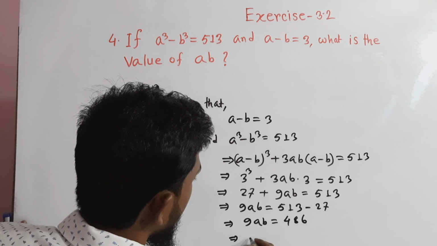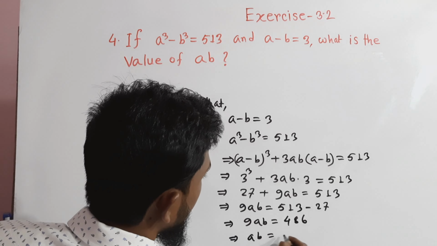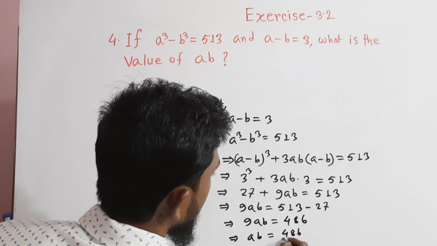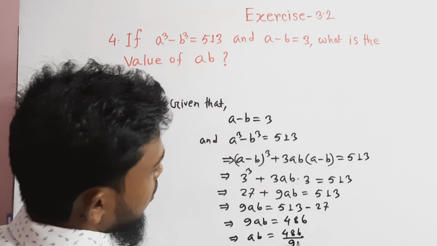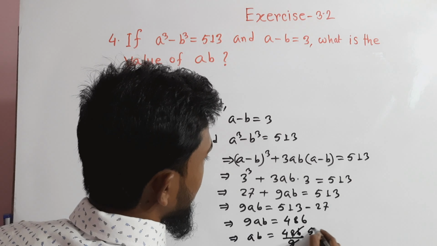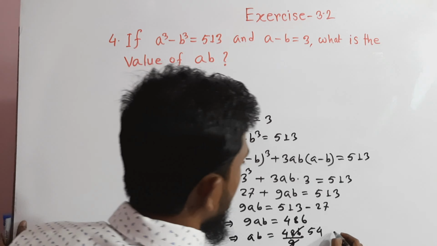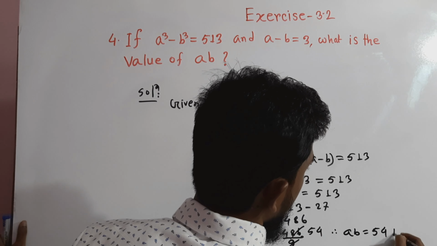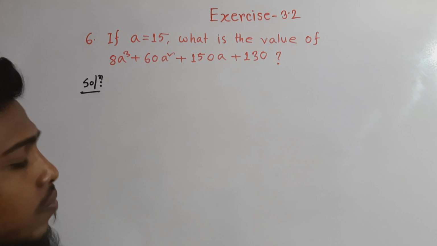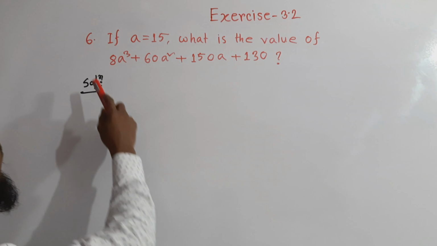Write ab equals 486 divided by 9, that is 54. So ab equals 54. This is our answer.